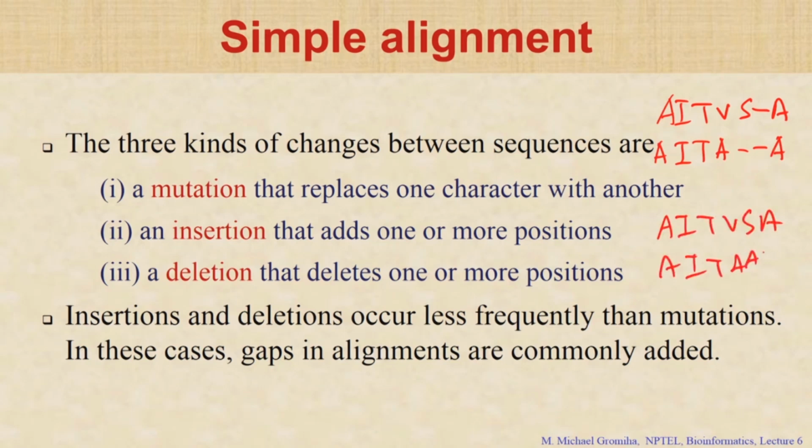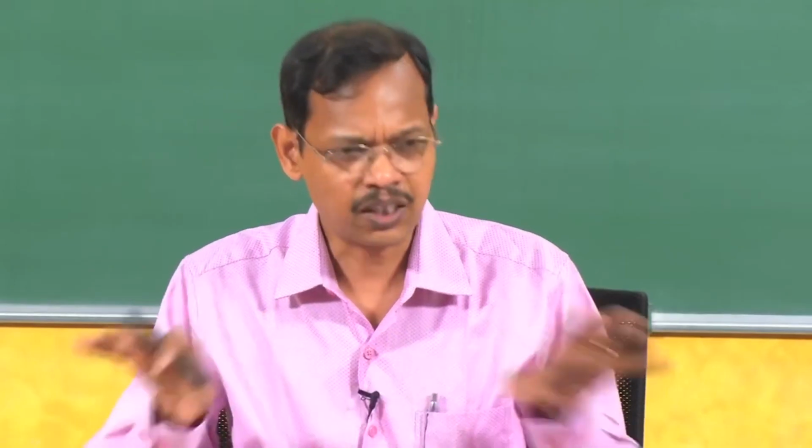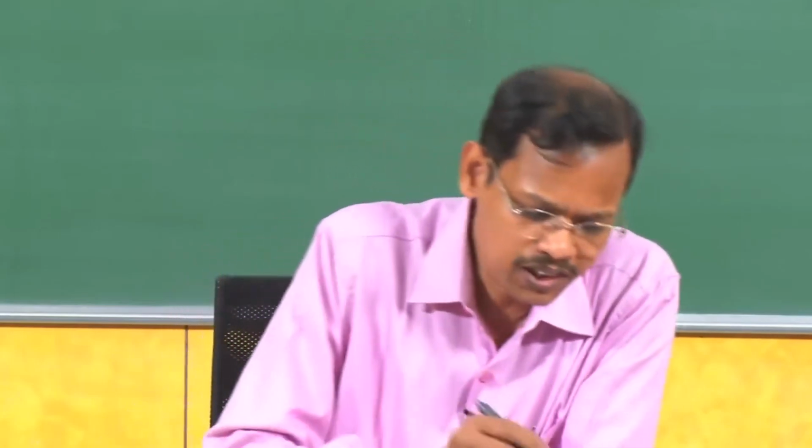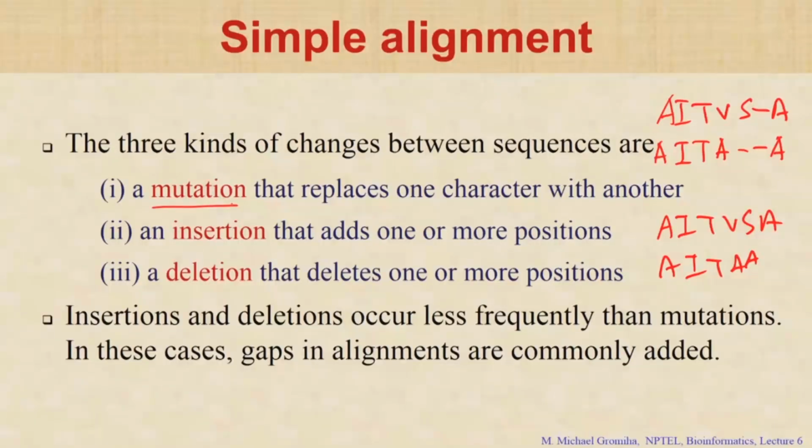You can make these two sequences align with each other with different aspects. One, there is a replacement of characters. For example, if you see here, this valine is changed to alanine, and this type of change is called mutation or substitution. If you change or replace one amino acid by another amino acid, that is called mutation.